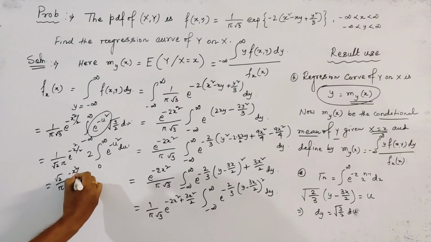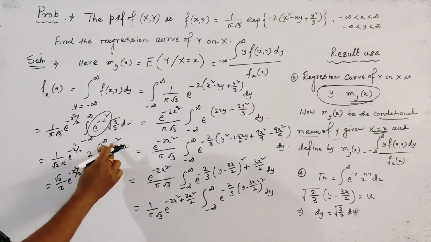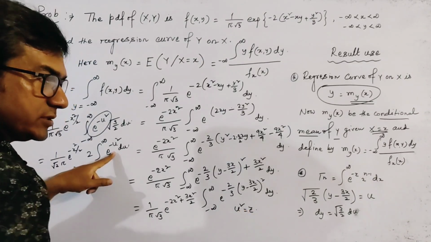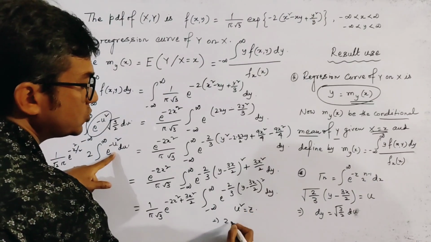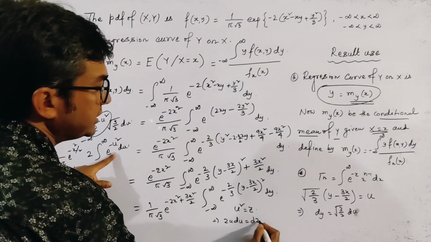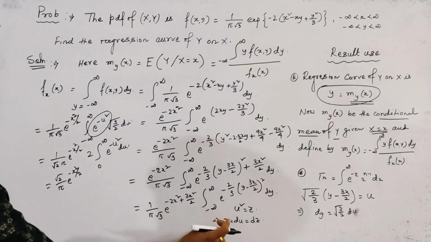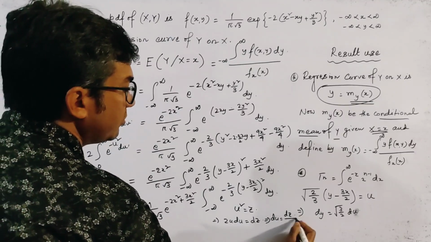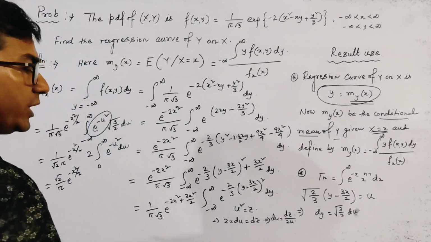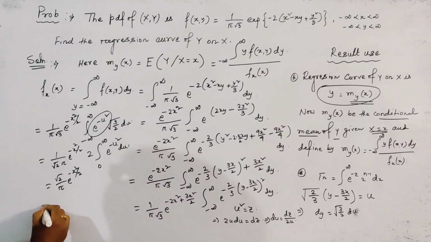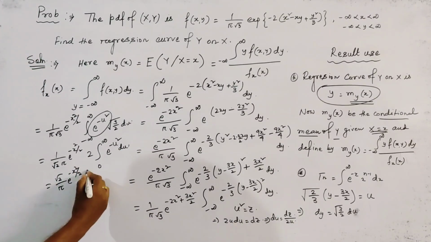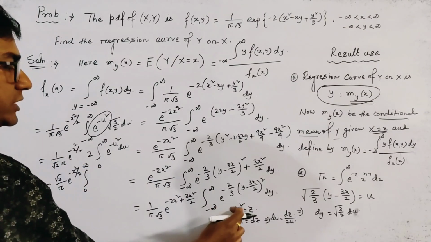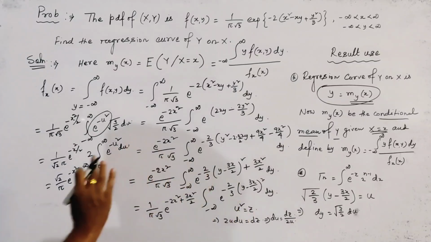And again we substitute here u square equal to z. So we get 2u du equal to dz, and the value of du is dz by 2u. Now we get limits 0 to infinity, because when u equal to 0 then z equal to 0, and when u equal to infinity then z also equals infinity.